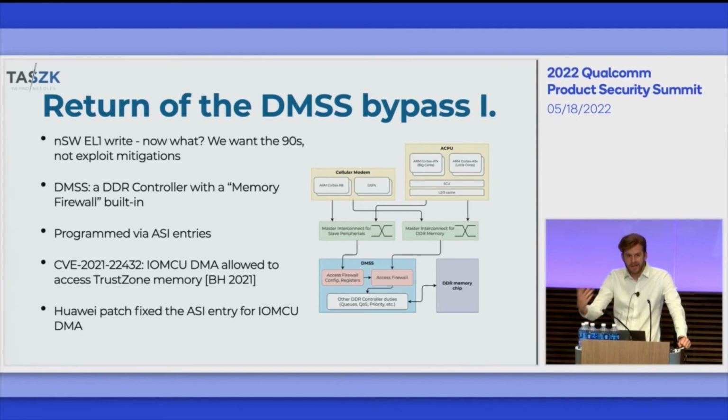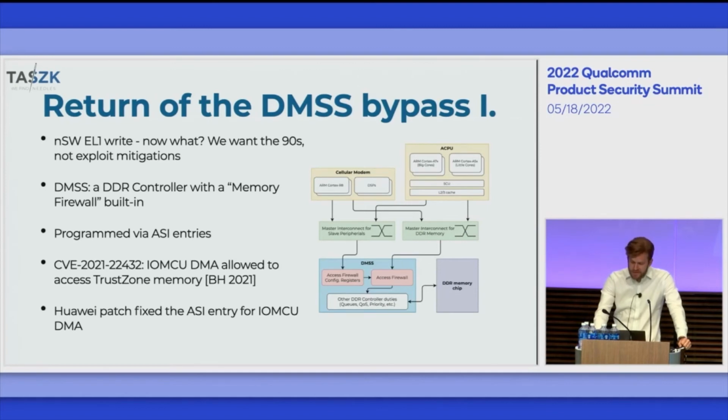And last year, when we looked at this, a nice straightforward bypass that we found was that there were some DMA peripherals that weren't considered properly within the ASI entries. So you were able to take a DMA peripheral that you could actually control from the context you were in, which in last year's research was the baseband context, and then you could use that DMA peripheral and execute transactions to get around all this protection.